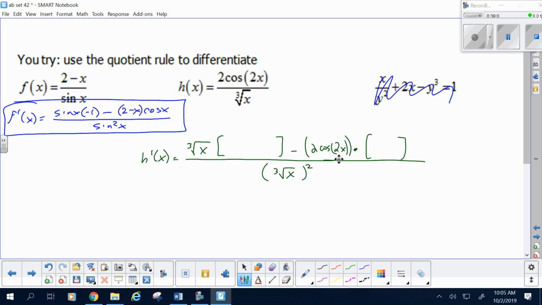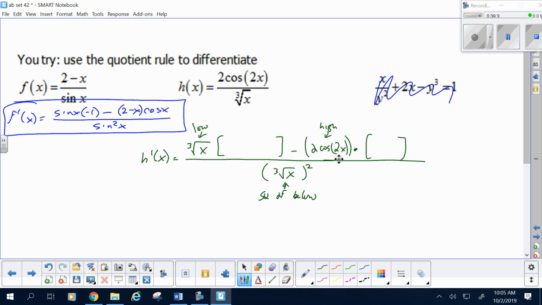Are we ready? Okay. So the low is cool. Obviously, that just takes vision. D high. So what's the derivative of the upper?